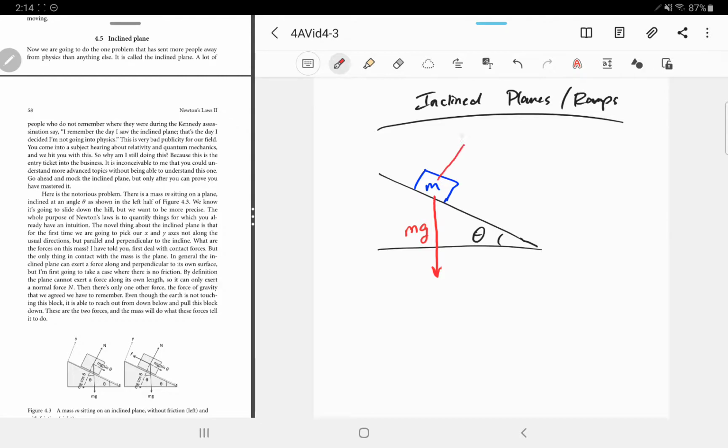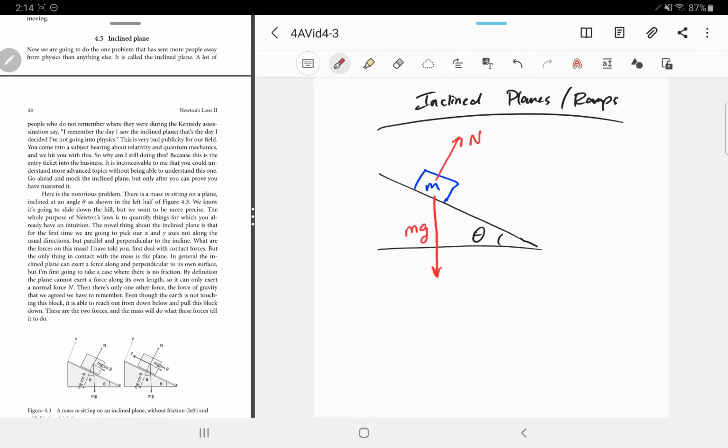There's a normal force that's normal. Remember, the word normal means perpendicular. So there's a normal force that's perpendicular to the ramp, and that's not exactly in the vertical direction. So if mg is vertically downwards, the normal force is not vertically upwards. It's perpendicular to the ramp, in the direction away from the ramp.